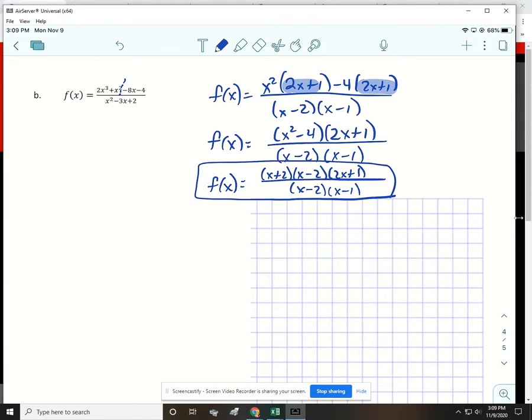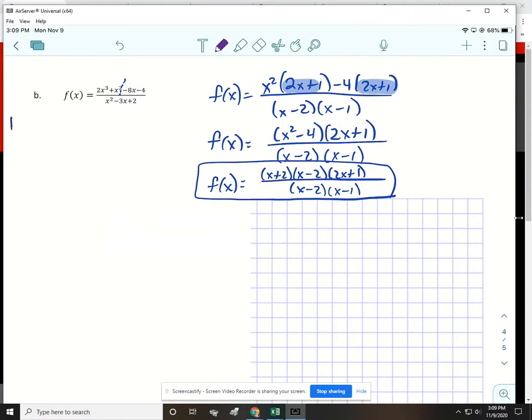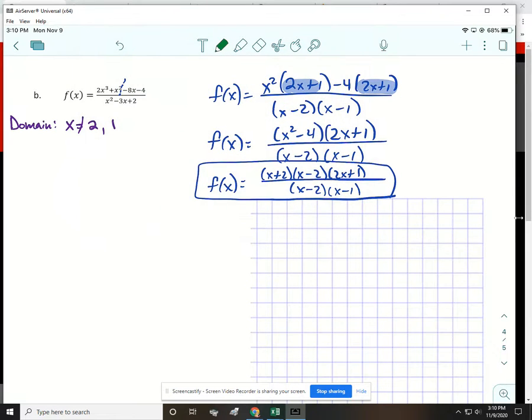So when I go to do my domain, I look at my denominator, any x value that's going to give you 0 in the denominator is not in the domain because you are either going to have a hole there or you're going to have a vertical asymptote there. So you can start thinking about whether or not there's going to be a hole or a vertical asymptote at those points.